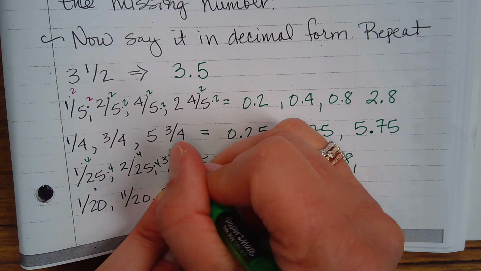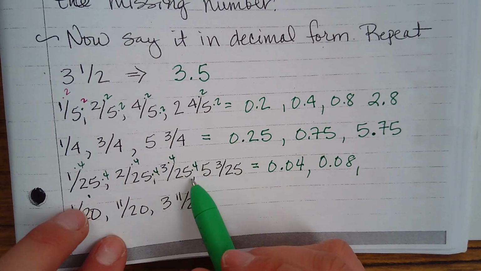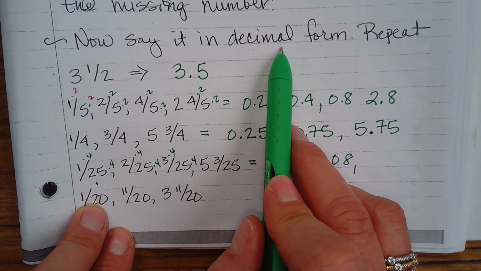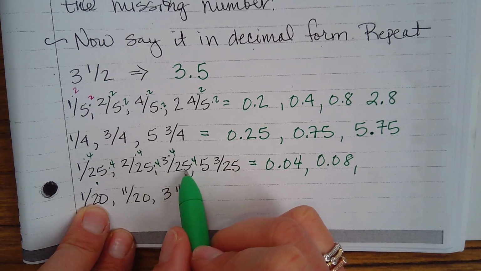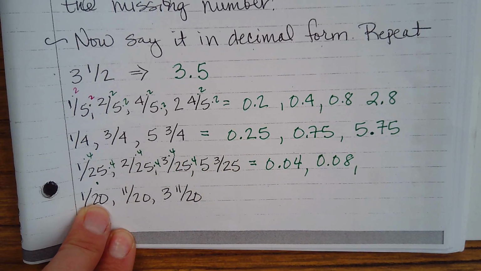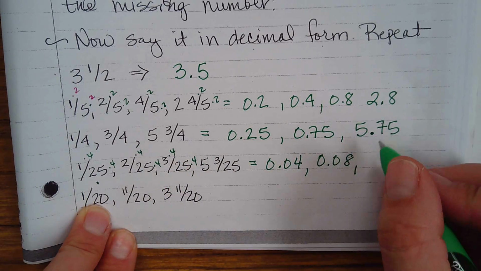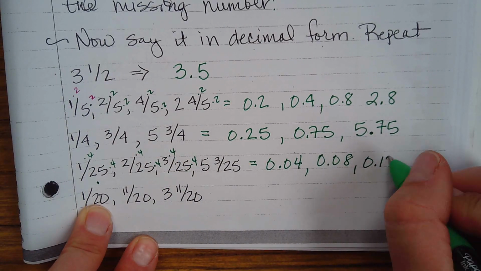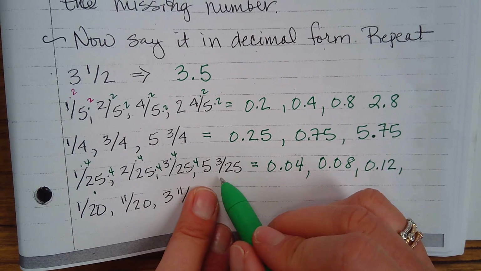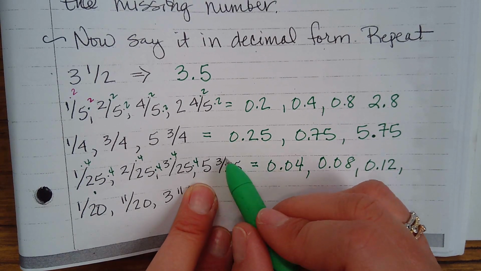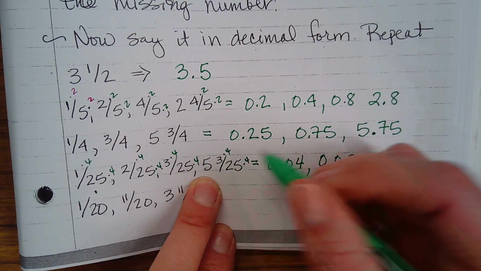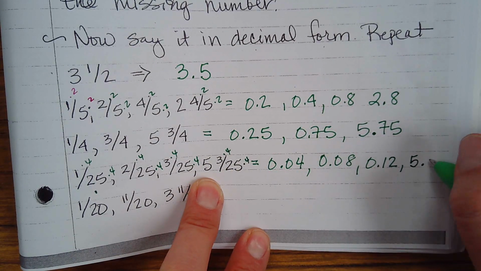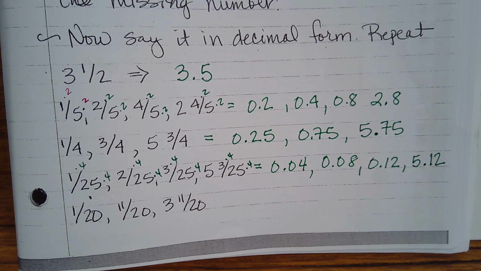Multiply by 4, multiply by 4. In order to put it into decimal form, I'm going to need tenths, hundredths, or thousandths. So if I multiply by 4, I'm going to take it to the hundredths, and that's going to be 12 hundredths. And then 5 3/25 would be 5.12.